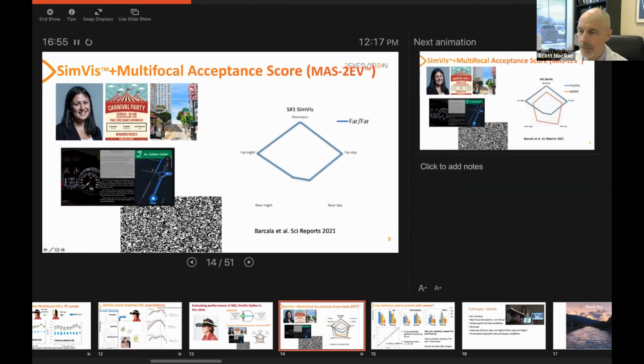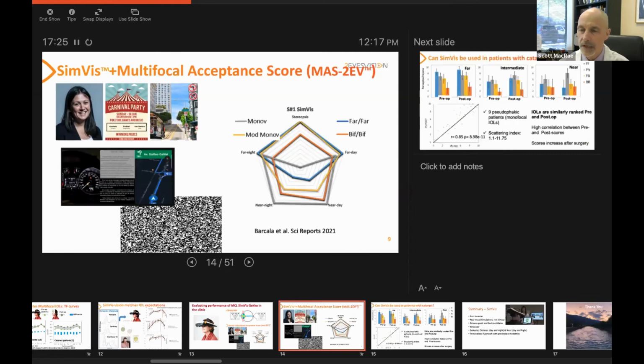This is if you treat the far vision with a monofocal lens in both eyes, and this is the pattern that you get. Now, if you compare that to a bifocal, multifocal IOL in both eyes, you notice that the near vision actually gets a little bit better, and you can compare that to a monovision lens where the near vision does get better, but the stereopsis actually is reduced.